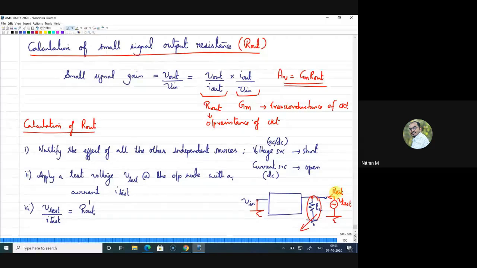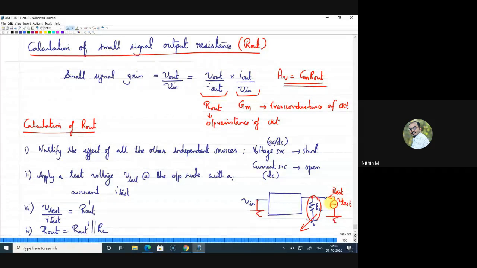We will mark it as R out dash, and then as a fourth step, we will write the final R out as the measured R out dash in parallel to RL. Why am I doing this? Because RL is anyway connected in parallel to the test voltage and the test current. So I will keep RL aside, do the measurement, and then I'll take the value in parallel. So your R out is R out dash parallel to RL.